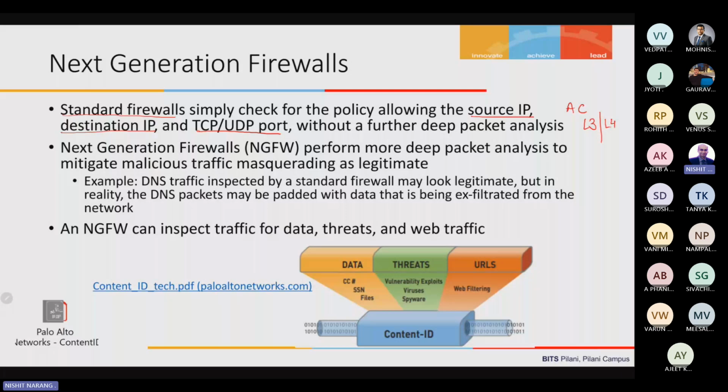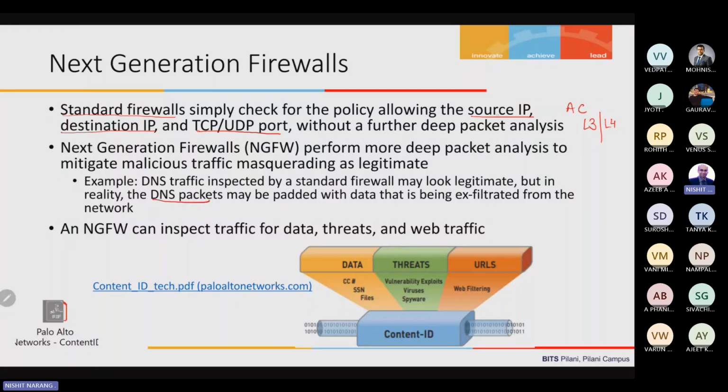But as attacks became more and more sophisticated, people could use a valid protocol like DNS, which would succeed in all these checks. It will have a valid source IP, a valid destination IP, a correct TCP or UDP port number.